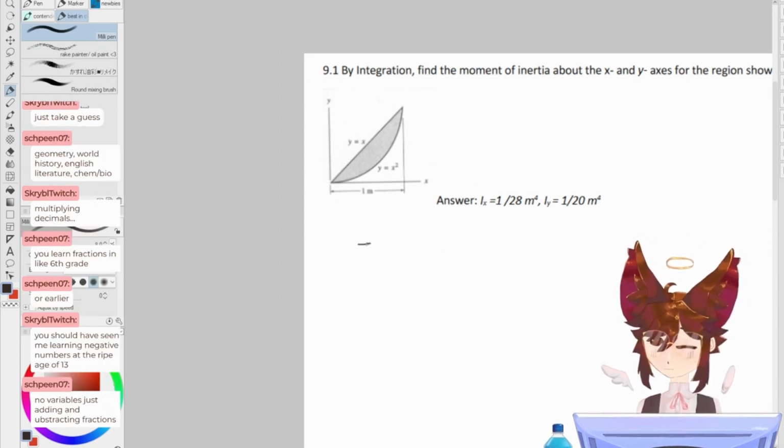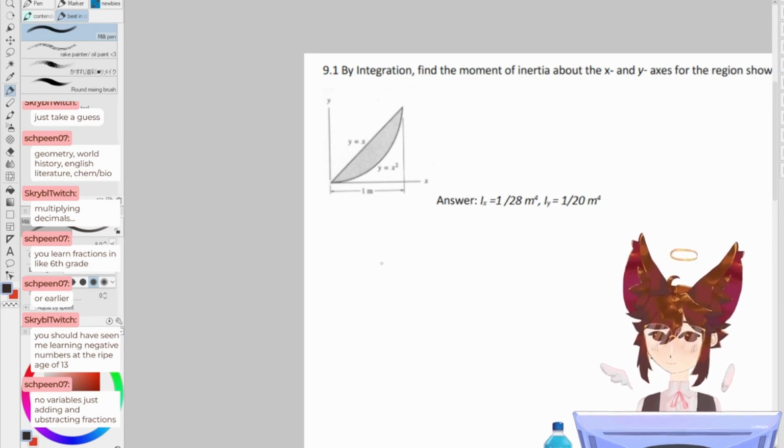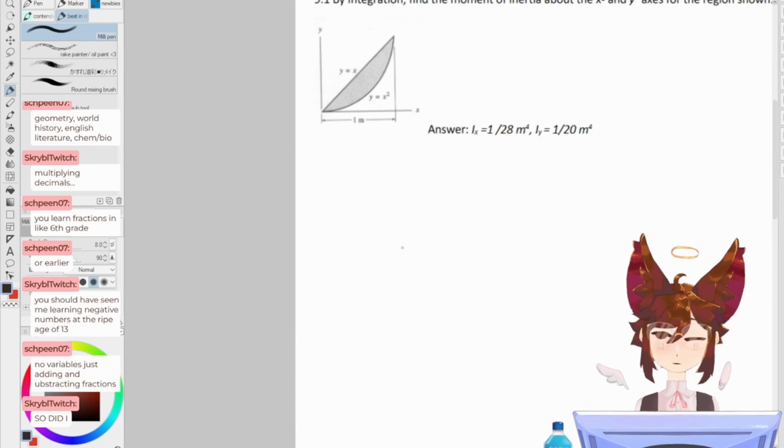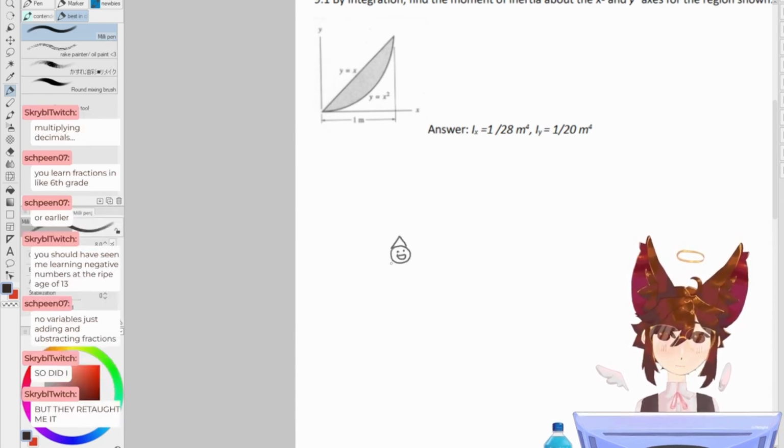Learning negative numbers at the ripe age. Okay, we learned negative numbers way earlier. No variables, just adding and subtracting fractions. Because I remember, okay, the reason why I remember us doing ratios is very, very clearly we had to have this clown. There was like a big clown made of shapes.